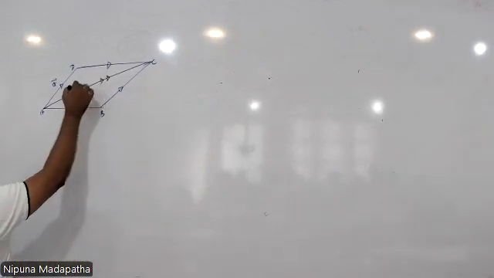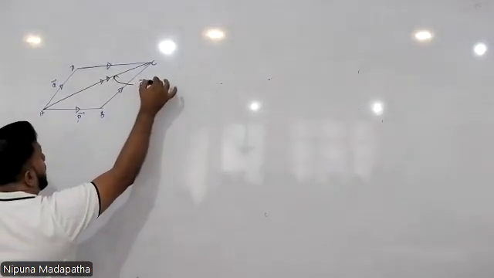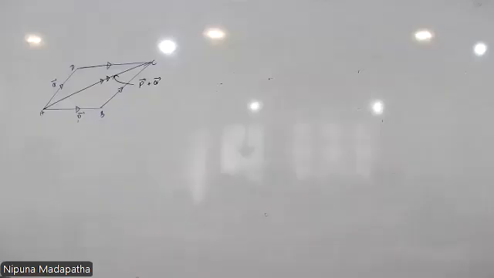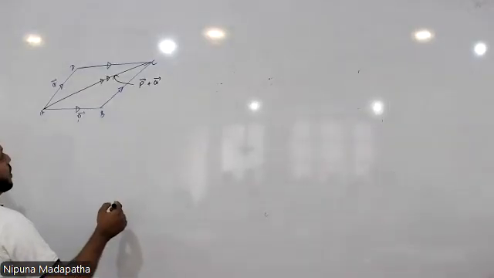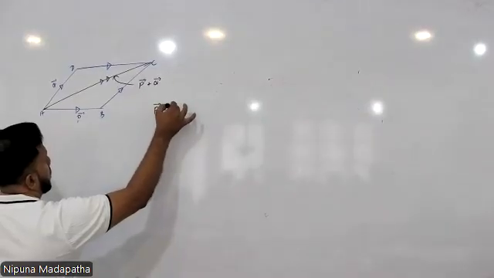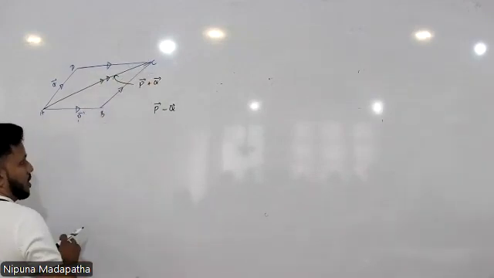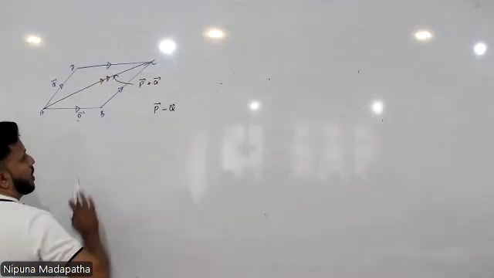So the diagonal AC gives you P plus Q, the resultant of P and Q. Now I need to get the difference of the two vectors, suppose P minus Q. We know P plus Q is given by the diagonal AC. Now I need to get P minus Q.